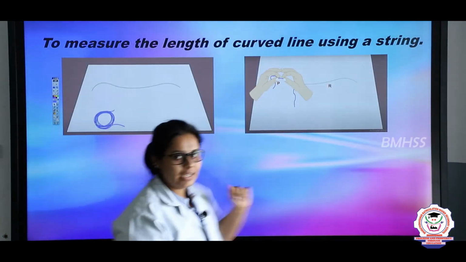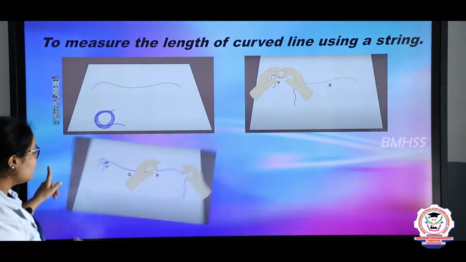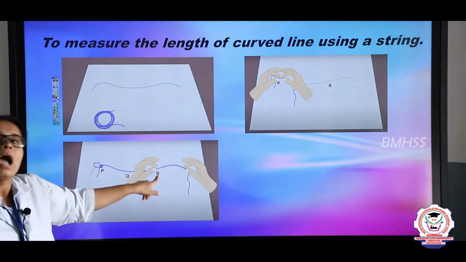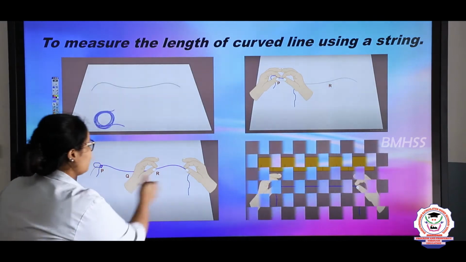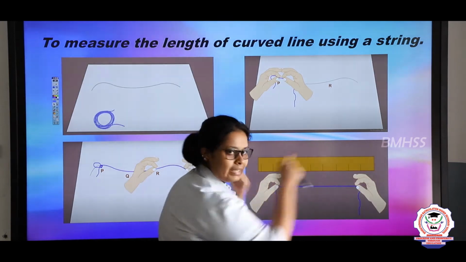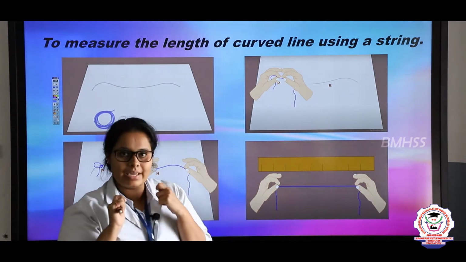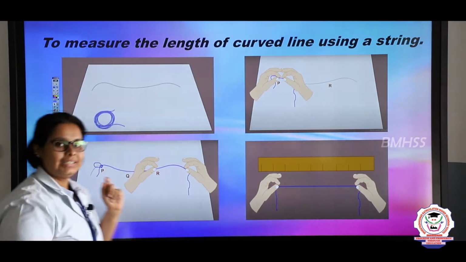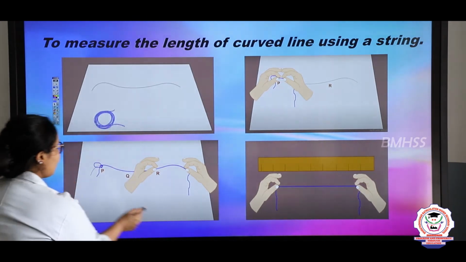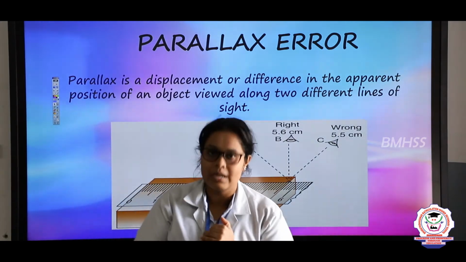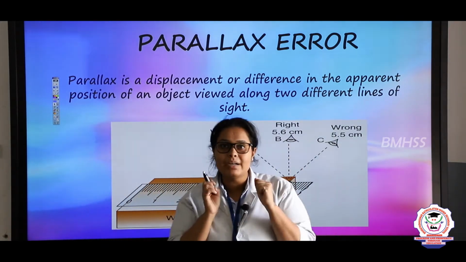Slowly we go along each part and finally we reach point R. Then we can take this thread directly to a centimeter scale or a millimeter scale and get the total length of this curved line, right students?